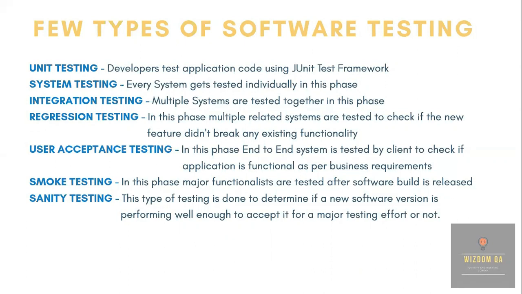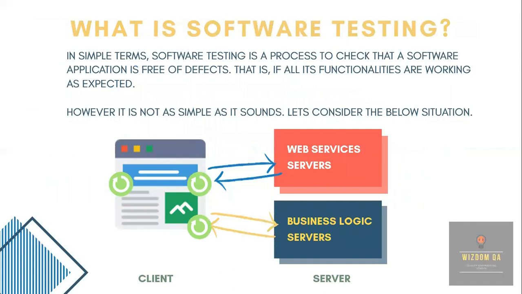System testing. What is system testing? Every system gets tested individually in this phase. What I mean by that is, here, the blue section that contains some data, or on the left hand side there is some text. These sections are individually tested as a part of system testing. When an application gets created, every different team is given responsibility to create these sections.